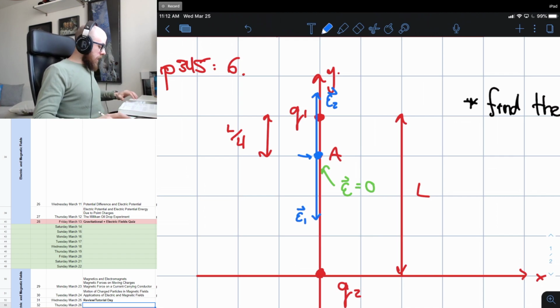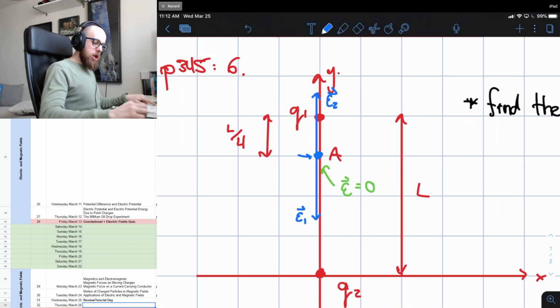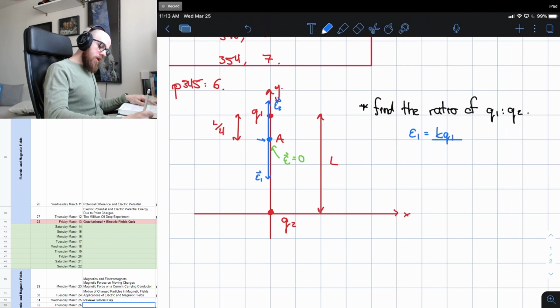Let's write down the electric field due to each of these 2-point charges. So E1 is given by K Q1 over R1 squared.